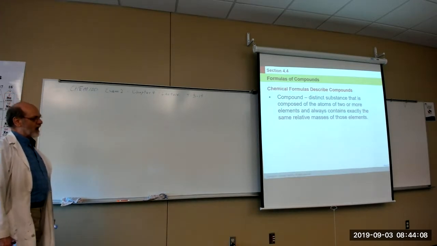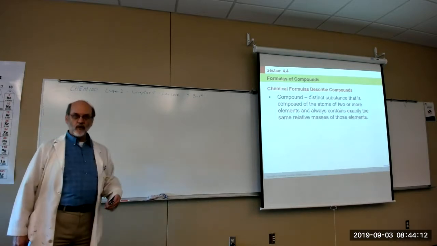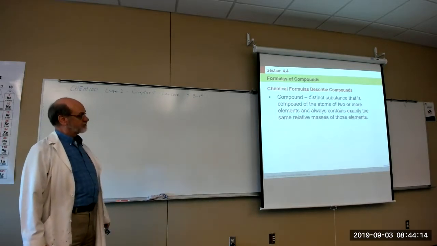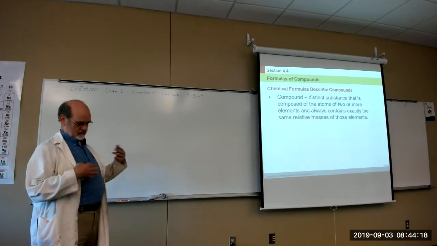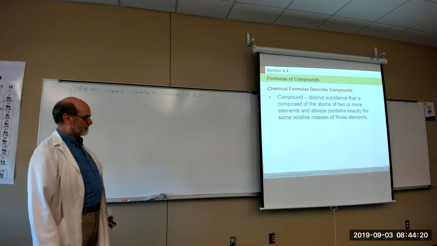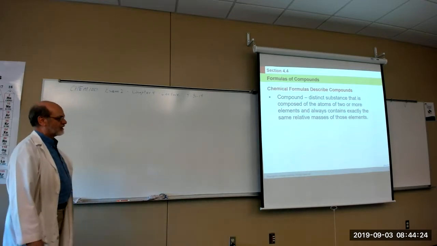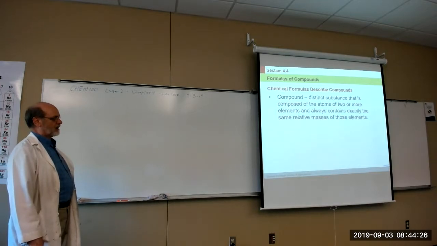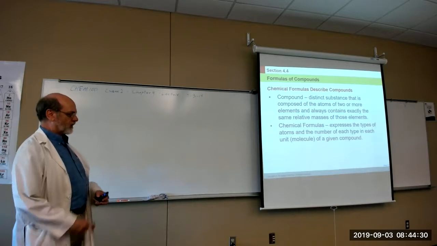So we describe a compound as a combination of two or more atoms, actually two or more elements and their respective atoms. And we use a chemical formula to define them.